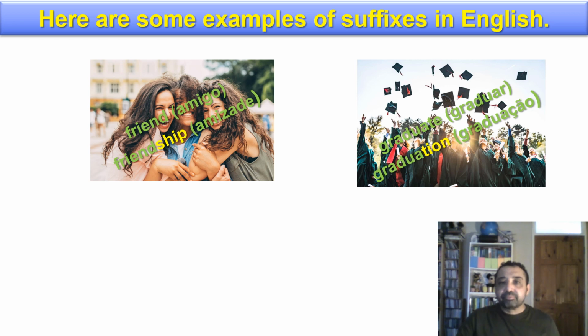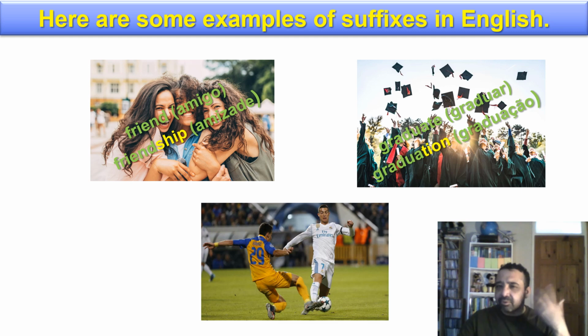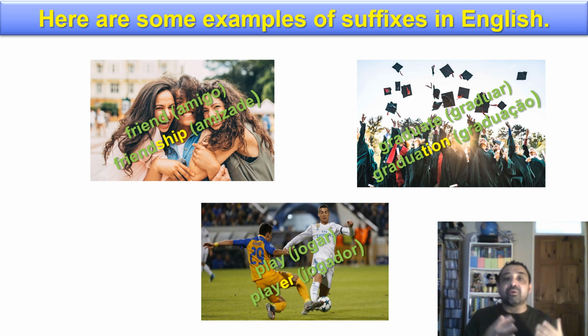To the verb, we have the verb graduate, graduar, or graduation, graduação. Are you with me? Are you following my train of thoughts? So I have jogar, to play, or player, jogador, the person who plays.